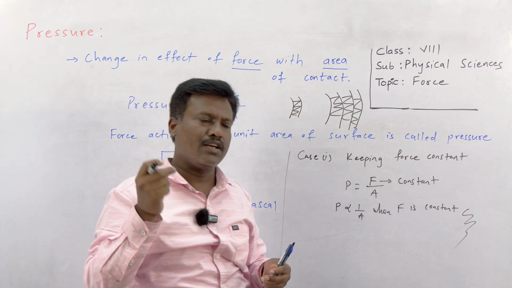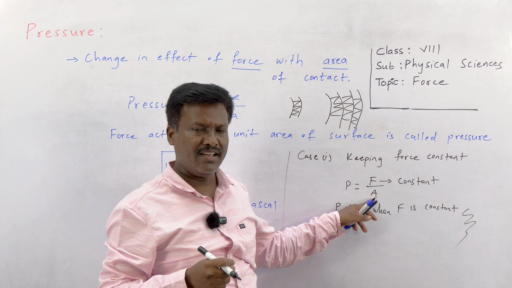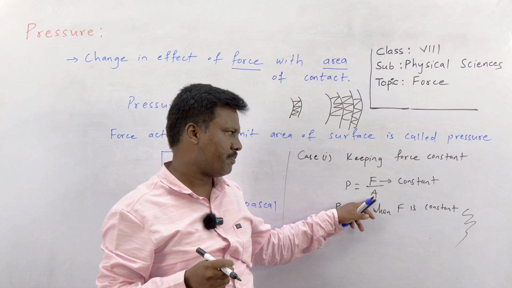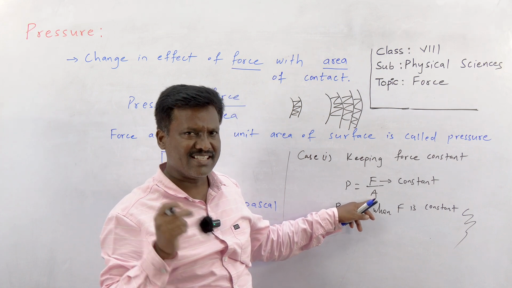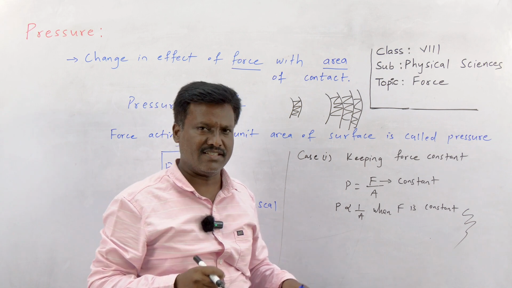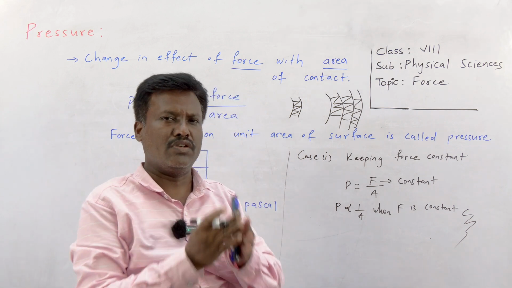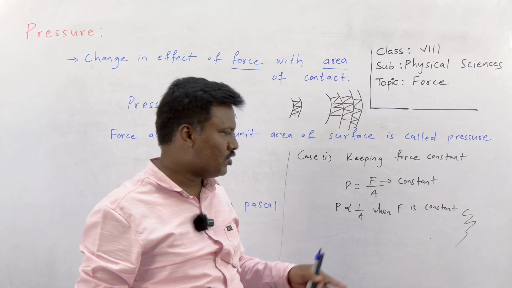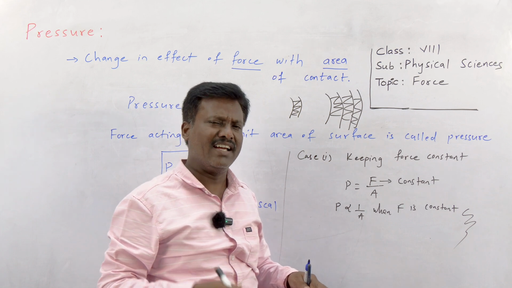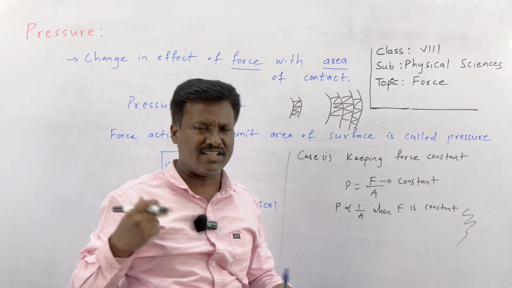What is the reason? The sharp axe, the edge which is sharp, has less area. So pressure increases. That axe can exert more pressure on the wood, then the wood will break. If you do it with the same blunt axe, it takes more time. Our energy is also wasted.